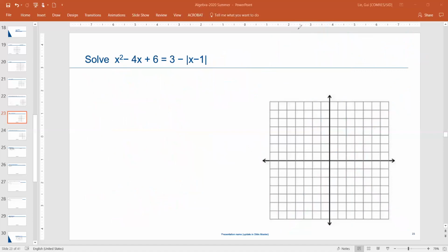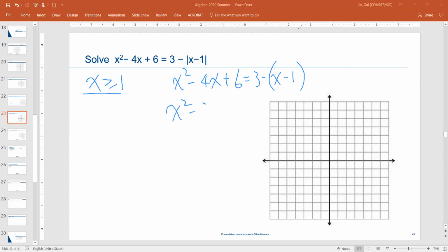When x is greater than or equal to 1, we can get rid of the absolute value, right? So we can combine all the values. Here it became 3x, and here it's not plus 1, it's minus 1.